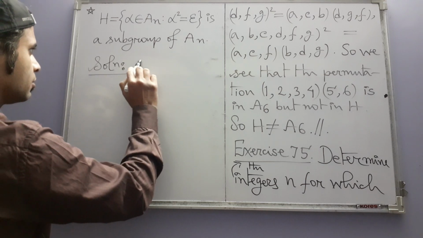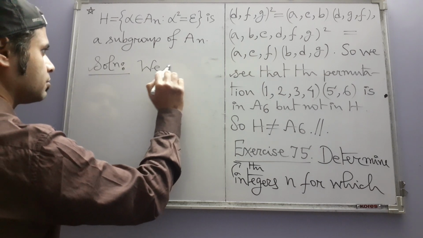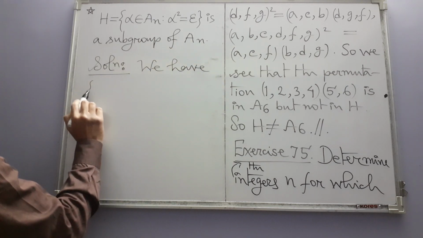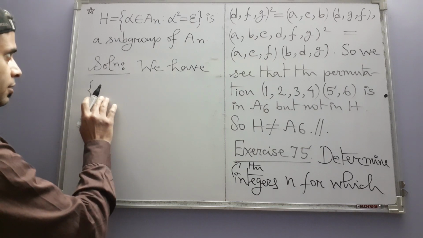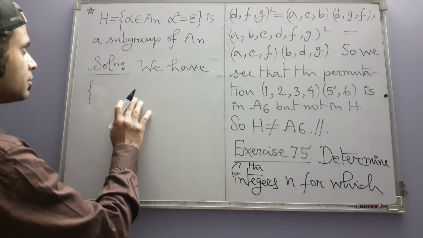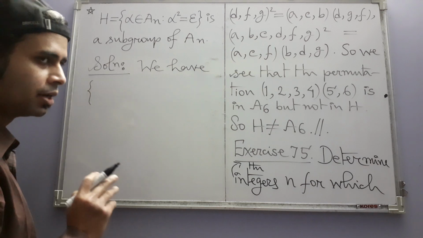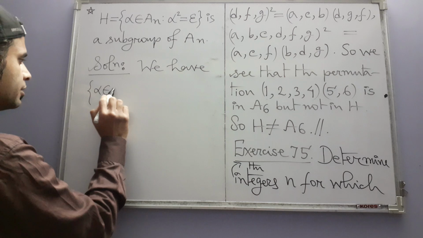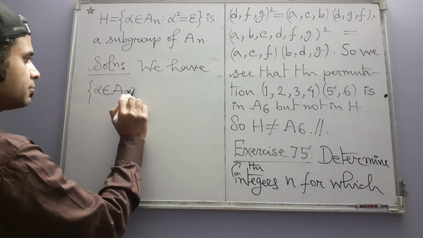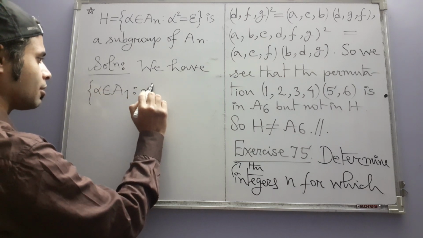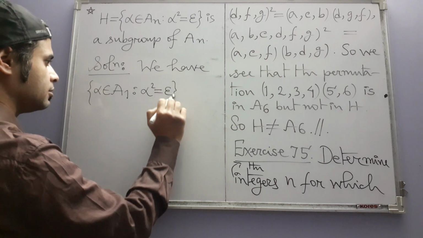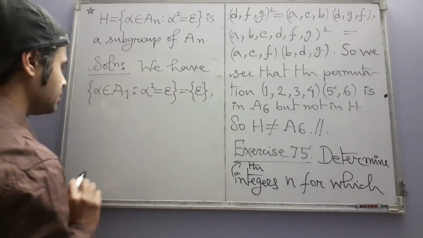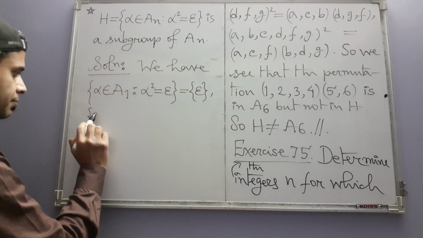Solution. We have, so now we are going to write some H values for the first few n, the first 4 n in fact. Alpha belonging to A_1, alpha squared equal to identity is equal to identity. Let me first write these things and then I will justify.